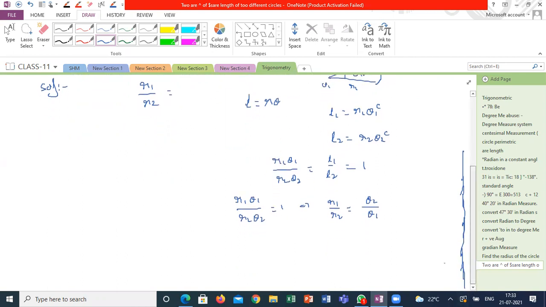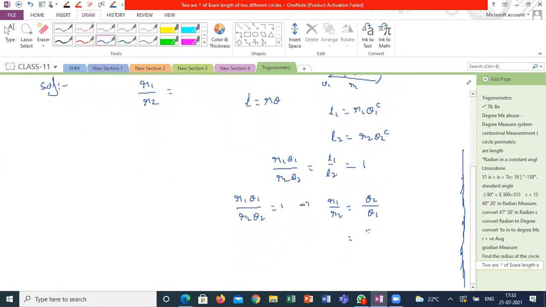Because of this ratio, straight away you can take theta 2 as 30 degrees and theta 1 as 25 degrees. This is 6/5. Even if I convert, what is the conversion from degree to radian? Multiplying with pi by 180, correct?